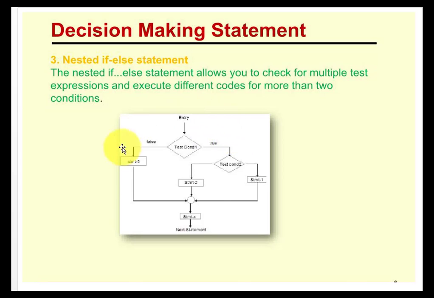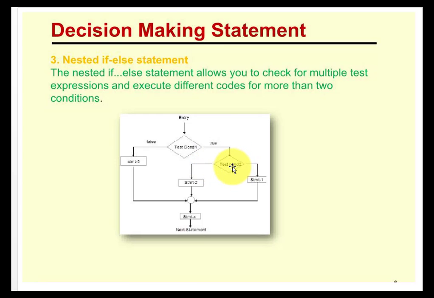With the help of this flowchart you can understand. Look here. If we have a test expression, it is either true or false. If it is true, and you want to check another condition, you can put another condition again.